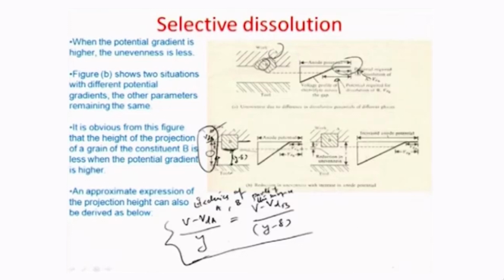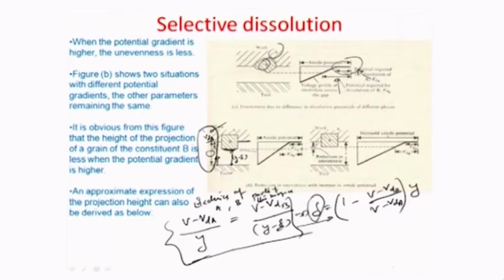From this expression we can get a value for delta. The delta can be found by this expression: 1 minus (V minus VDB) by (V minus VDA), times y. This is just algebraic manipulation from this equation.